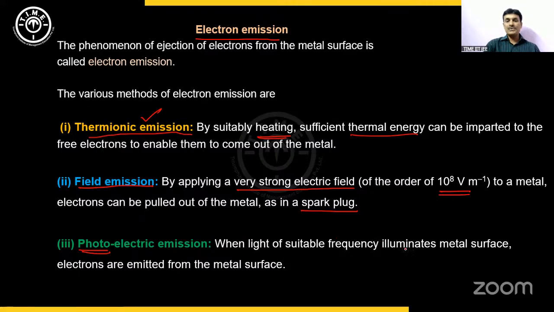When light of suitable frequency falls on a metal surface, electrons absorb the energy of the light and they can come out of the metal surface. This process is called photoelectric emission. Right.